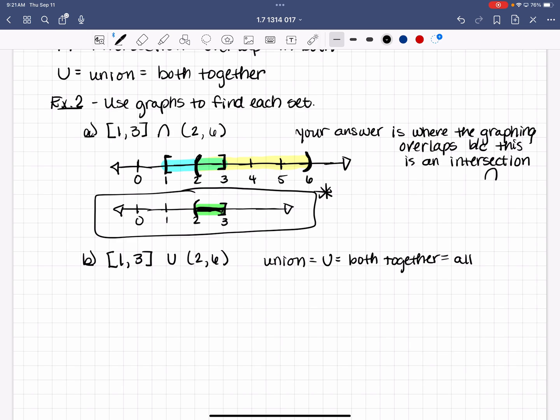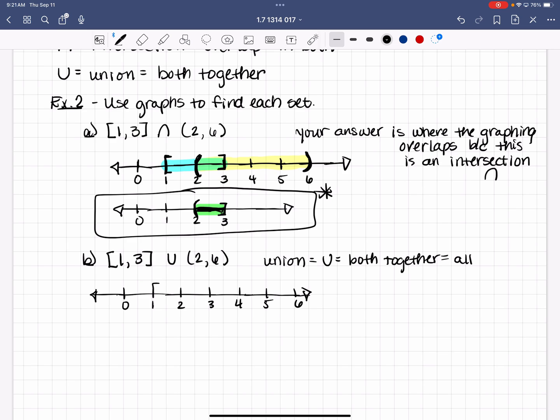All. Okay? If you have a union, like people are getting married, you're uniting two families together pretty much, right? It's a union. So whatever we graph, we want all of it, like from the lowest to the highest all together. So we have the same graph that we had here. 0, I think I made it bigger this time. 1, 2, 3, 4, 5, 6.